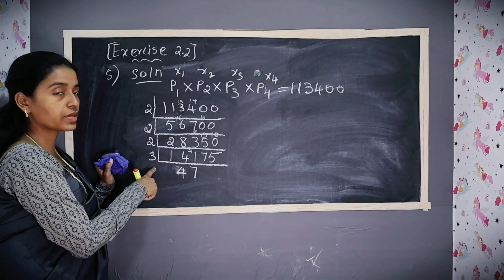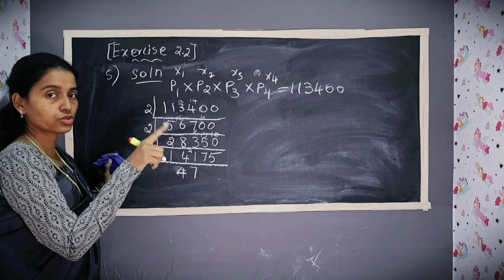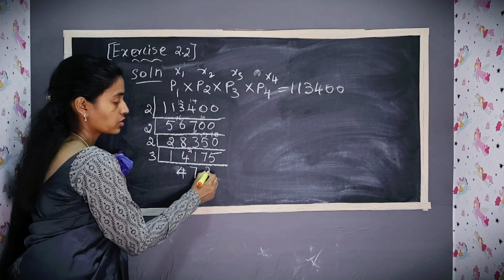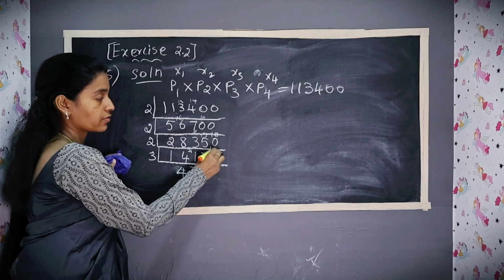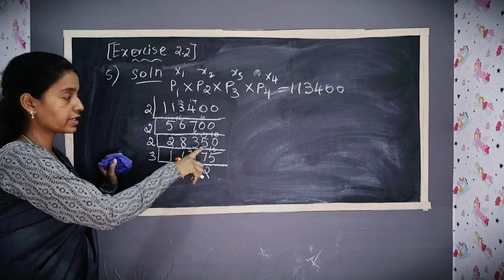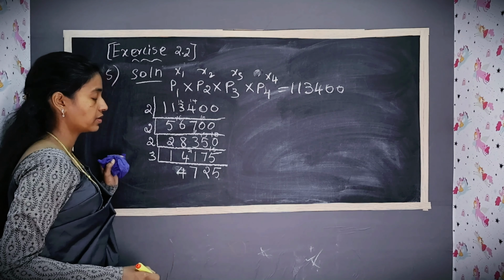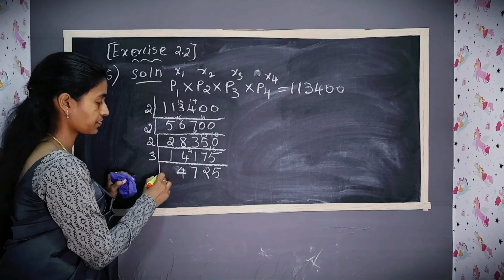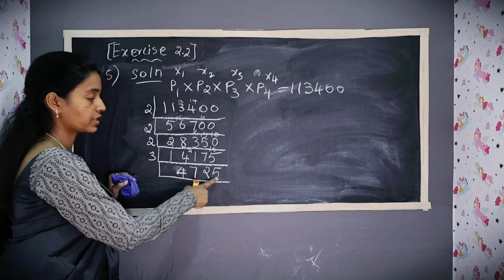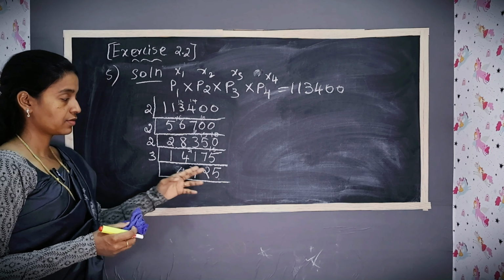If I am dividing 7 by 3, I'll be getting 2, right? 2 3s are 6. So the remainder is 1. 1 and 5 becomes 15. So if I am dividing 15 by 3, I'll be getting 5, right? And now here we have last digit 5.